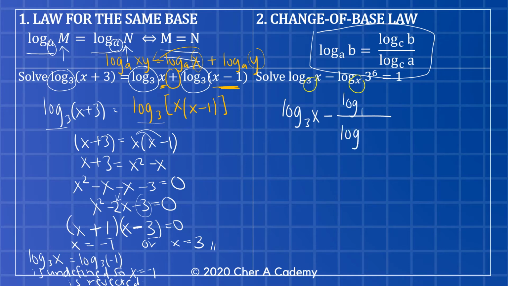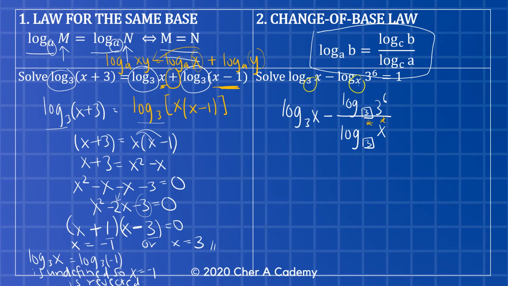And what number should I change to? Let me look at what I have. 3 to the power 6 will be in the numerator and x will be in the denominator. So my base, I will choose 3, because if I have 3 here and 3 here, log base 3 of 3 will give me 1.